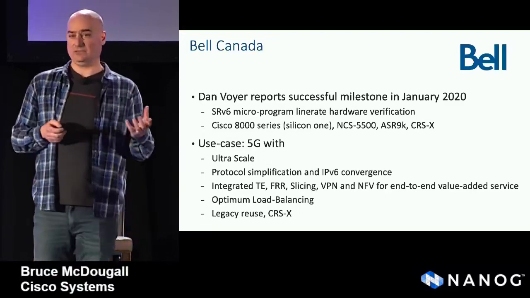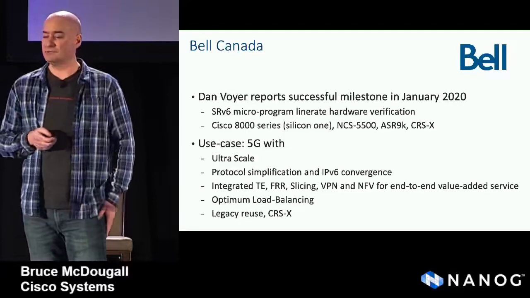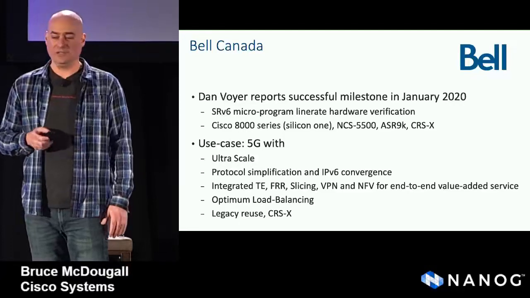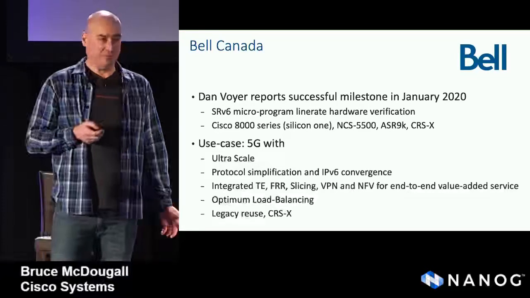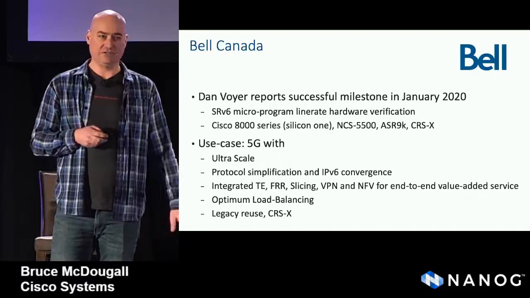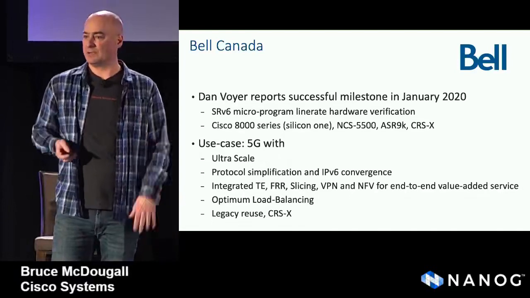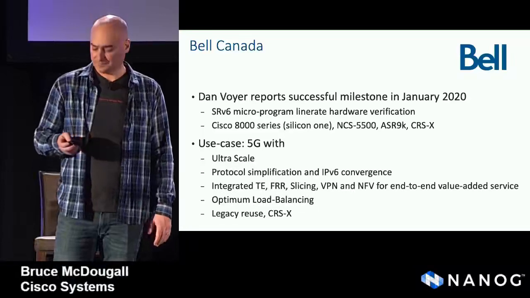They also have an ambitious use case where they want to do integrated traffic engineering, slicing, VPN, integrated NFV, and more. They also describe optimum load balancing as a key benefit, and the ability to run this over a brownfield network, making use of v6 forwarding.